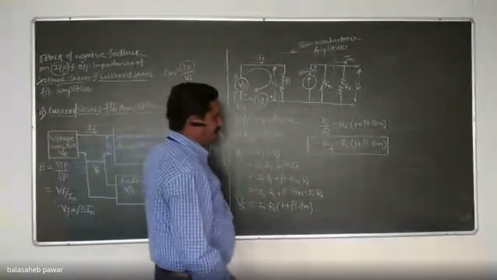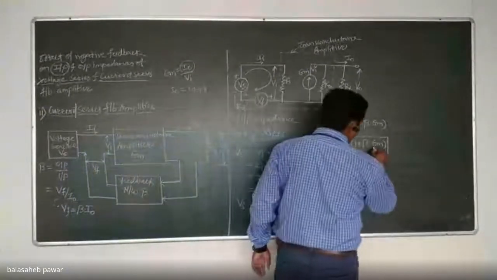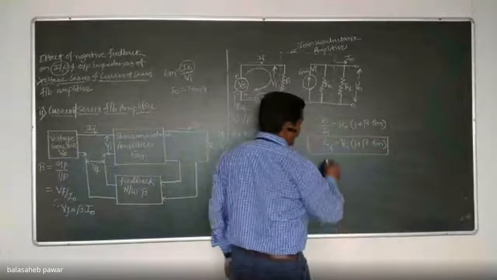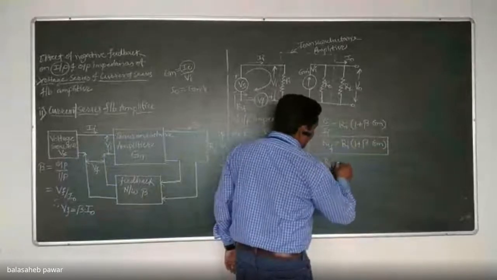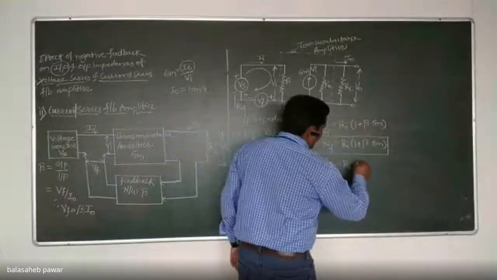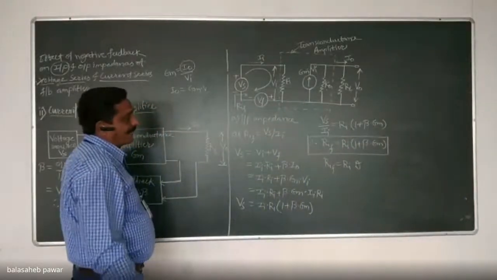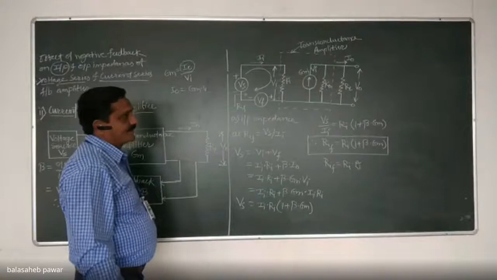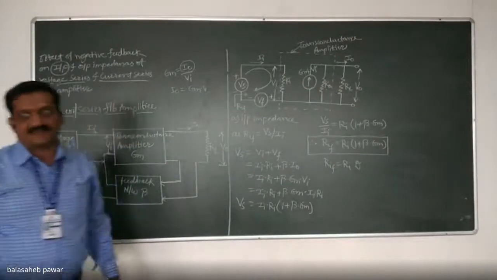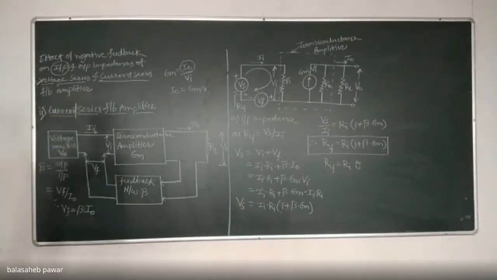So this 1 + βGM is nothing but again capital D, so you can write RIF equals RI into capital D. That is the desensitivity. Is it clear? Yes or no? Be fast. Yes, sir. Okay.